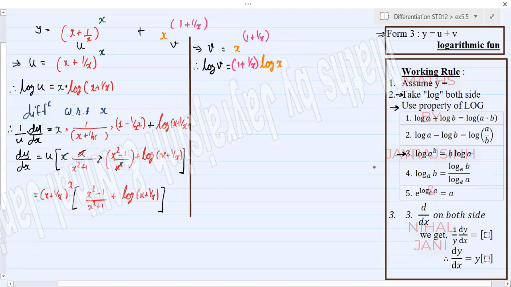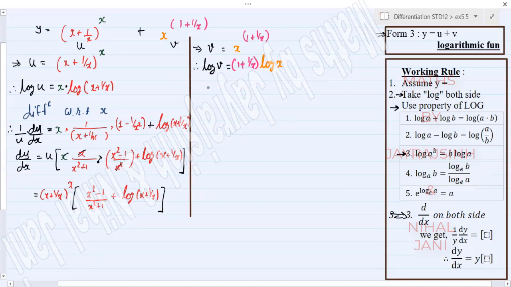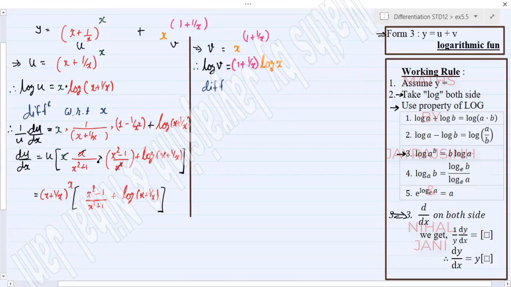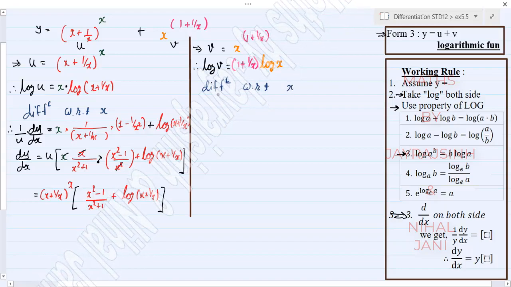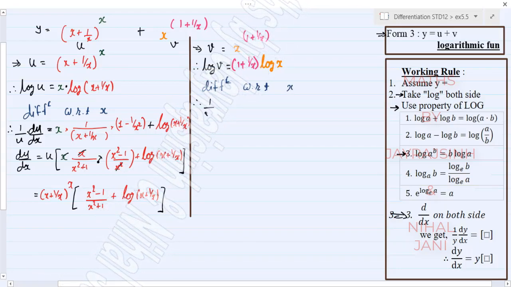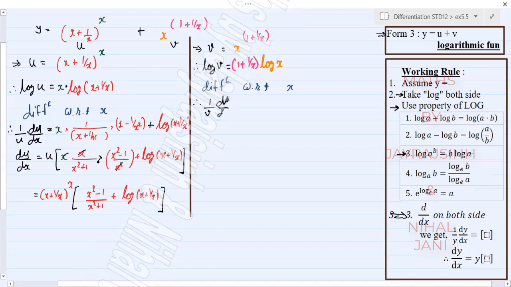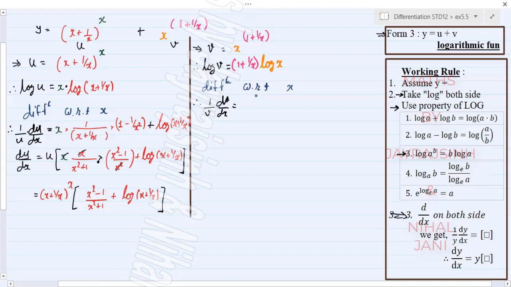Okay. Now we are ready for the third step, in which we have to differentiate our equation with respect to x. So on the left hand side we will get 1 upon v dv by dx, and on the right hand side we have to apply multiplication.